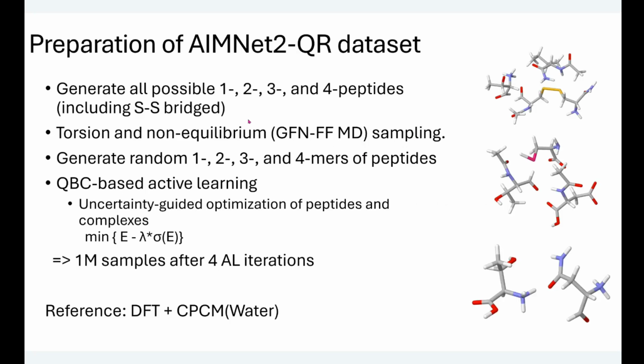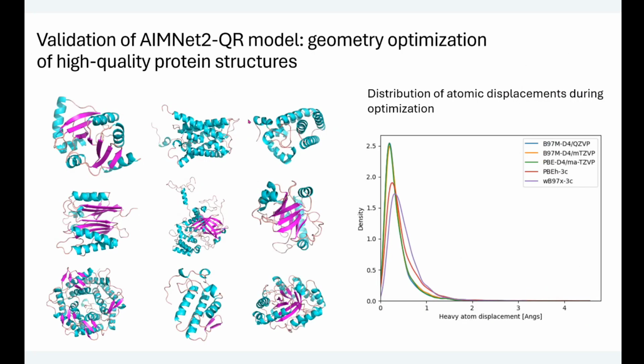So we collected the data set from small peptides, computed the interactions and conformations of small peptides, built a model, and here are the results. We tried to do geometry optimization of high quality protein structures, and tried different DFT methods to see which one would work the best.